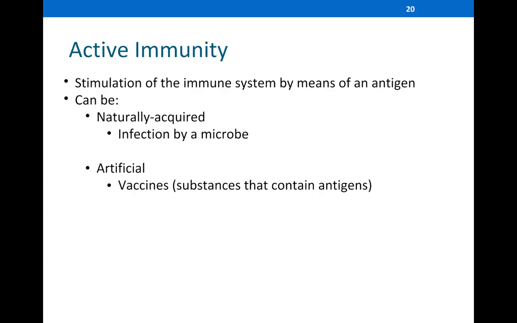These are substances that contain antigen. The live attenuated vaccines actually use a living but weakened version of the virus or one that's very similar. The most commonly available or routinely recommended vaccines worldwide would be MMR, or the mumps, measles, rubella vaccine, your varicella vaccine, your rotavirus, and your influenza via intranasal.